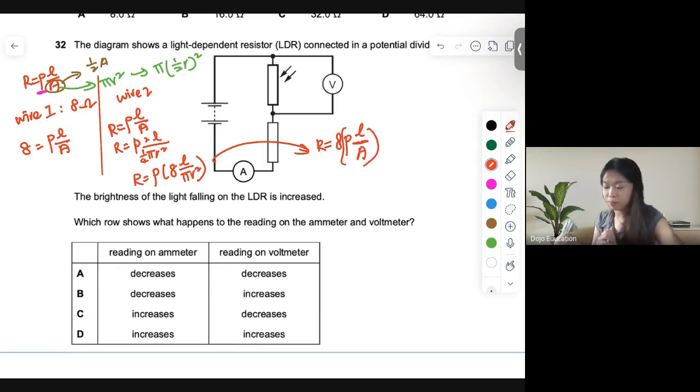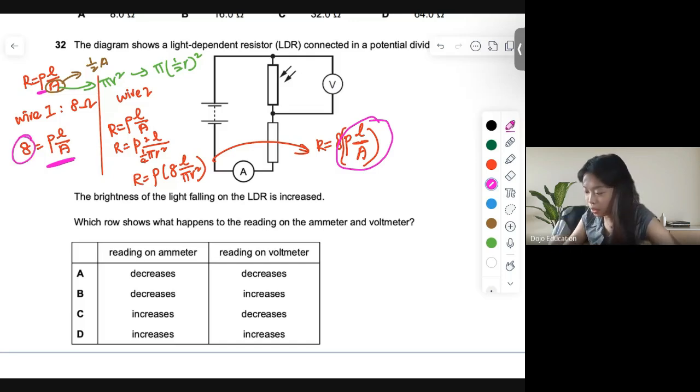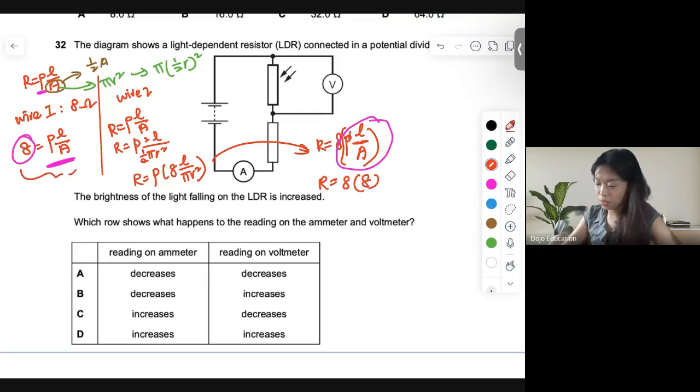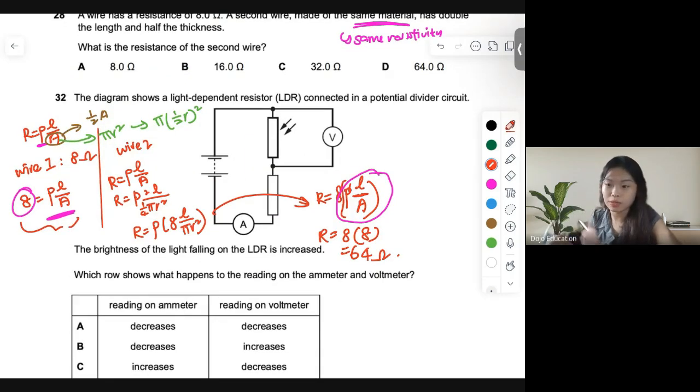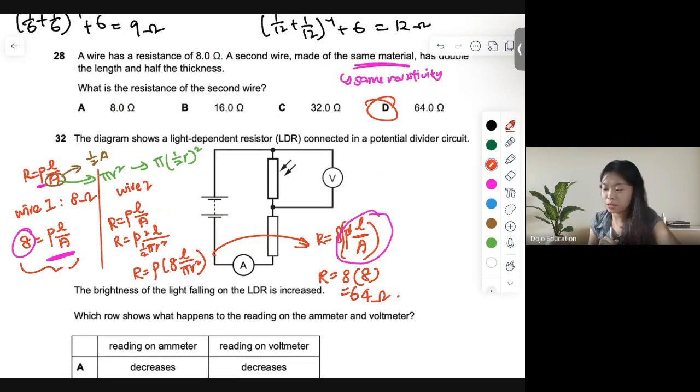So it looks like that. Do you realize this part is the same as here, and here equates to 8? So I just need to sub this with 8 because they equate to each other. It will be 64 ohms. And this is my resistance for wire 2. And my answer is D.